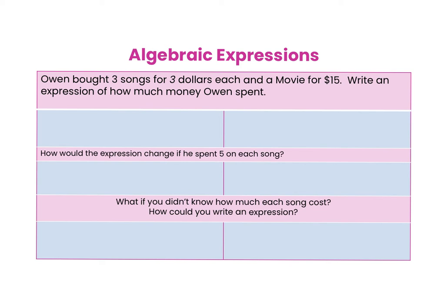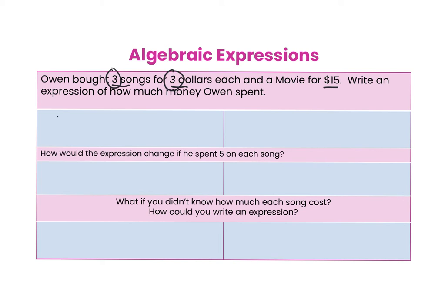So in this story, Owen bought 3 songs. Each song costs $3. And then he bought a movie for $15. Write an expression of how much money Owen spent. Okay, let's start with Kara's method where we're using multiplication. So we have 3 songs, each cost $3.